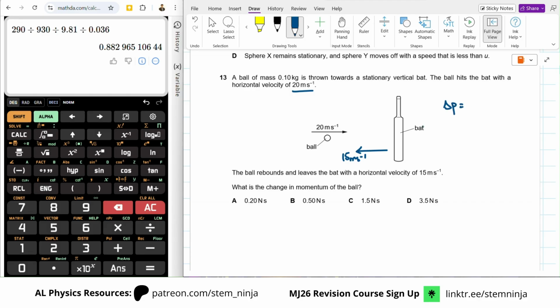Remember, since the final velocity is in the opposite direction, and let's take this direction to be positive, this would be v minus u, because 20 is in the opposite direction. So this would be 0.10 times 15 plus 20, basically 35. Sorry, I did the calculation in my head. So 0.1 times 35, that would be 3.5. Yeah, that is it.